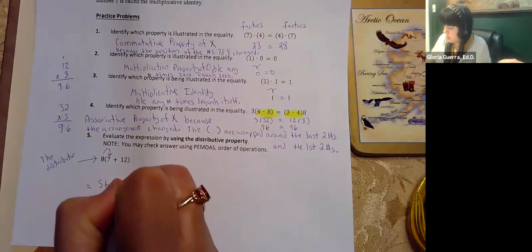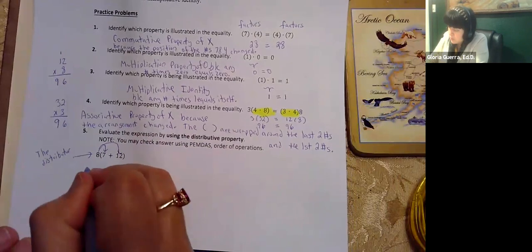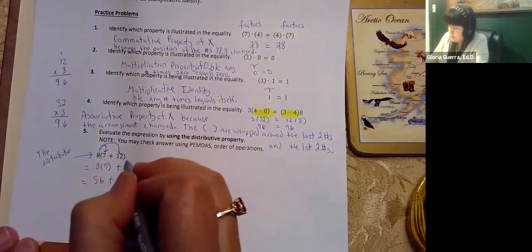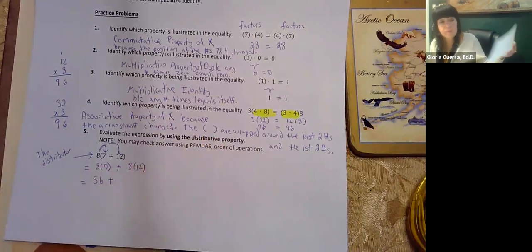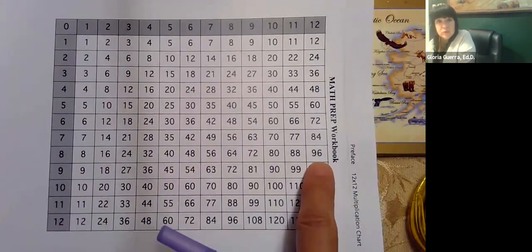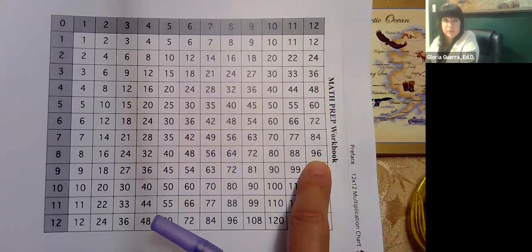And then looking up 8 times 12. It's probably a good idea to do this so you can remember that we did 8 times 7 and then to do this, remember that we got 8 times 12. And 8 times 12 is 96.